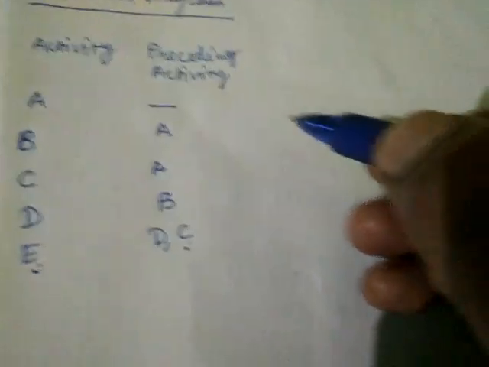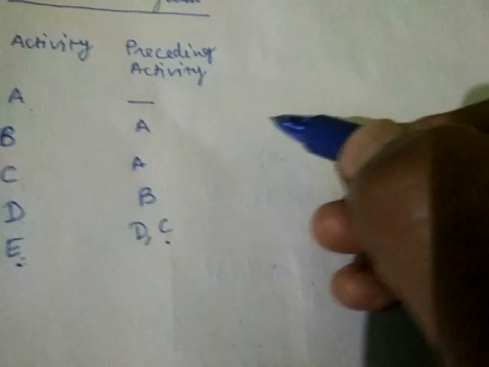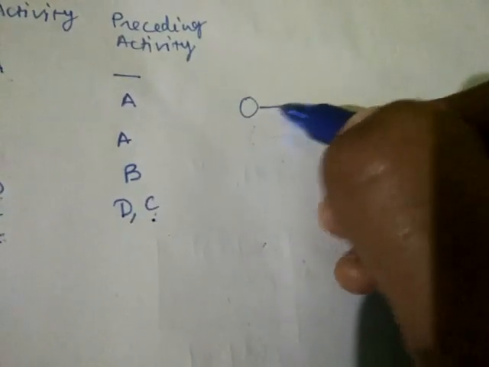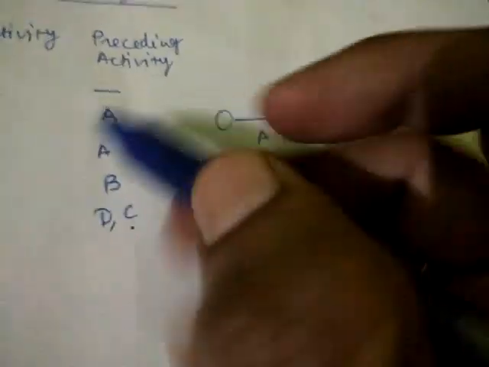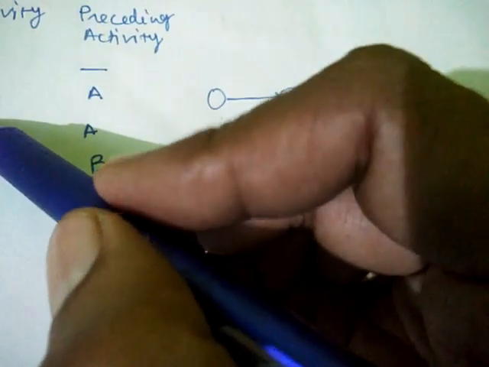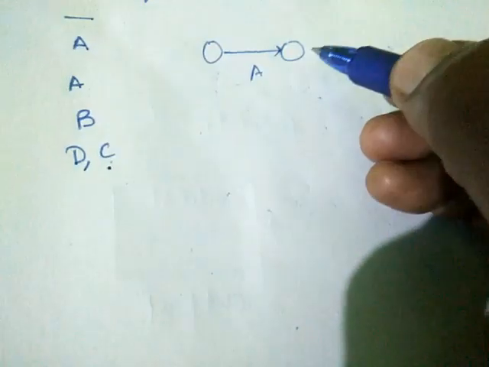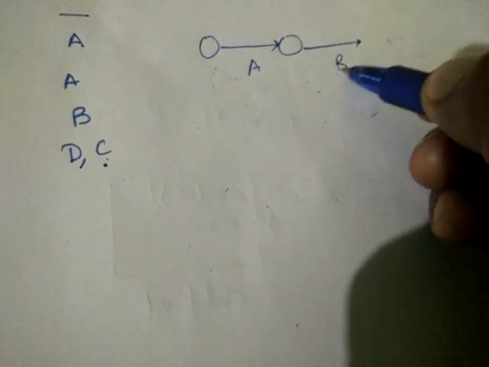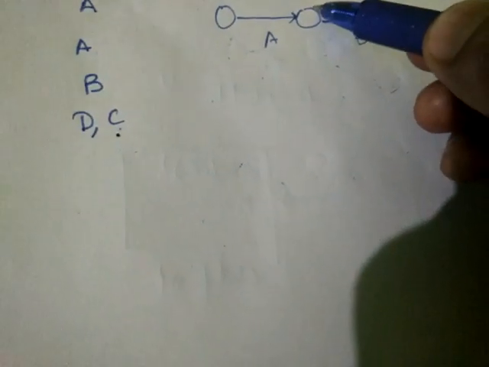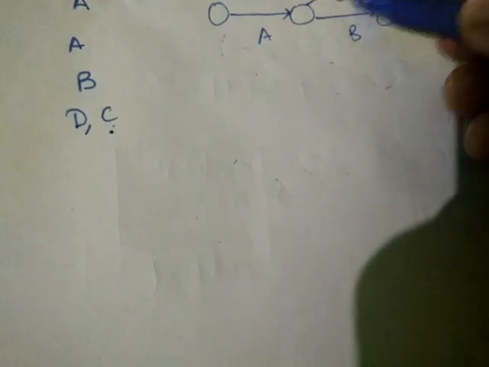So first, before A there is no activity. It means that A is the starting activity. Then B. Before B there is A. It means that at the end of A, B starts. Now C also starts at the moment A finishes.